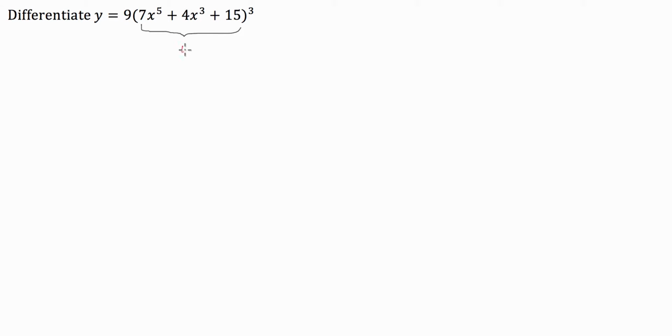So here, u is going to equal 7x to the 5 plus 4x cubed plus 15. So what we can see is we've got a new function, u in terms of x.